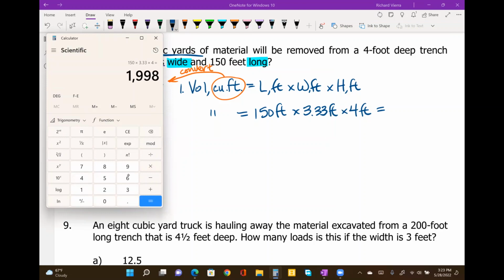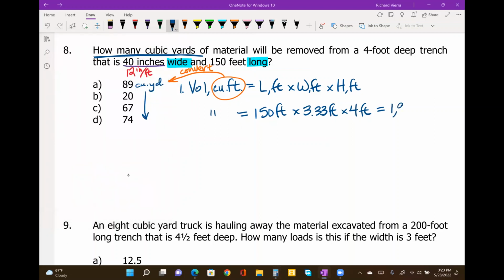In fact, if you don't round off that number after it's converted at all, with all the threes included, you'll end up right around 2,000, right at 2,000. So I'll just go ahead and use the 1,998 cubic feet, though, in this case. And now we need to convert that into the volume in cubic yards, because that's what the answers are given as. How do we do that?